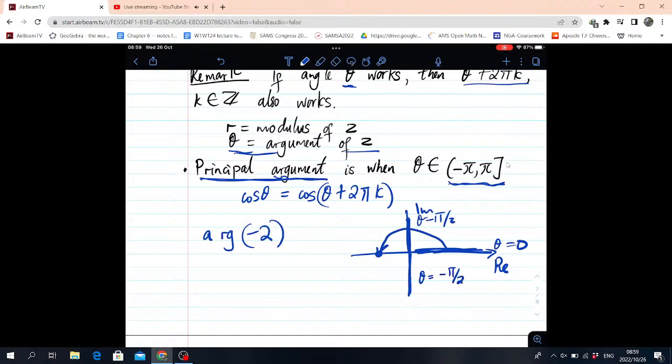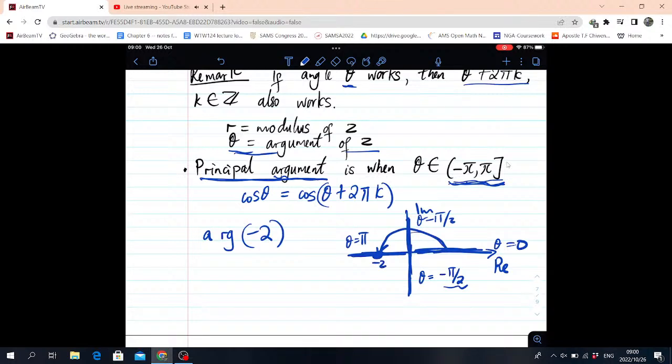So remember, when we want angles that are here, this is not going to be 3 pi over 2, but minus pi over 2, right? And then this would be theta is equal to pi, this side. Right, so that will be our diagram there. So if you want to find the argument of -2, -2 will be somewhere here.